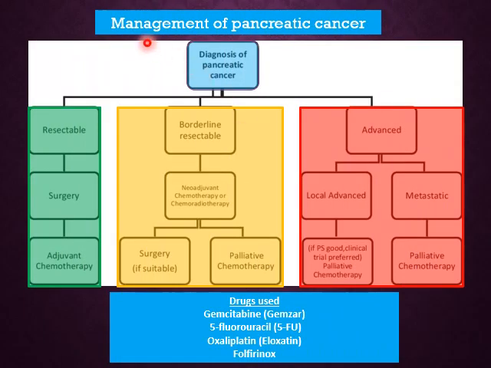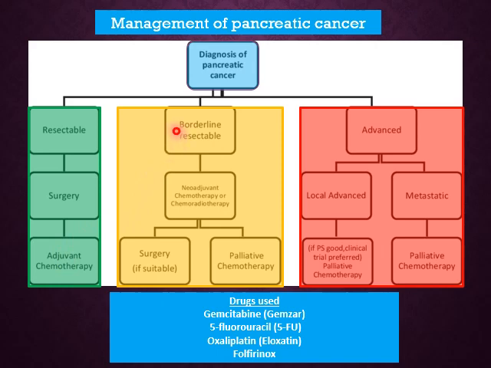Next, we come to the management of pancreatic cancer. This table summarizes the management of pancreatic cancer. Once a diagnosis is made, it's classified into resectable, borderline, or advanced. For resectable, the decision is straightforward: curative surgery followed by adjuvant chemotherapy.